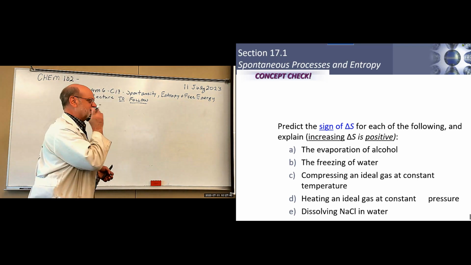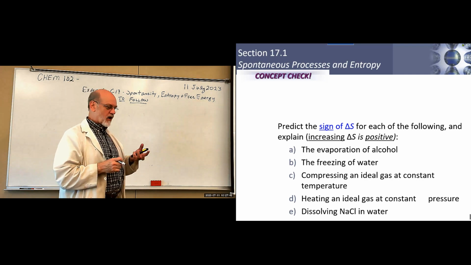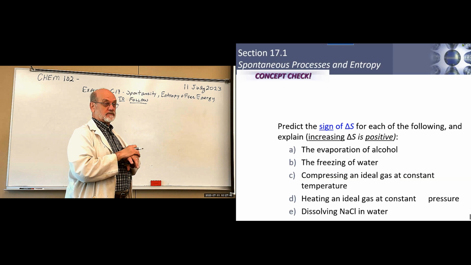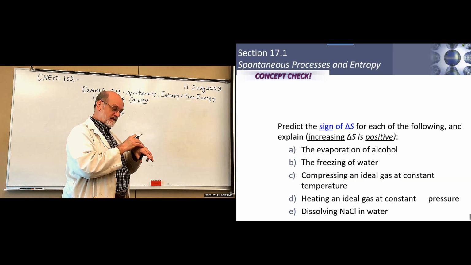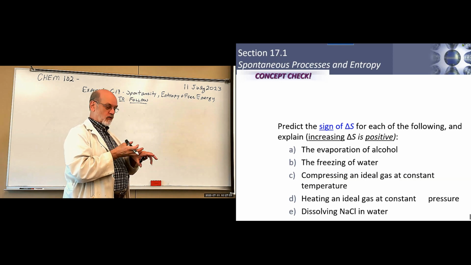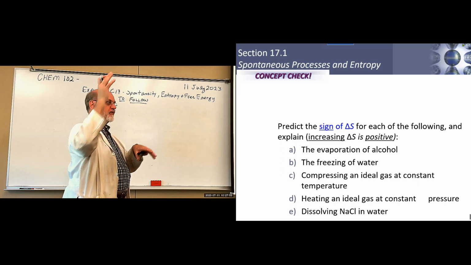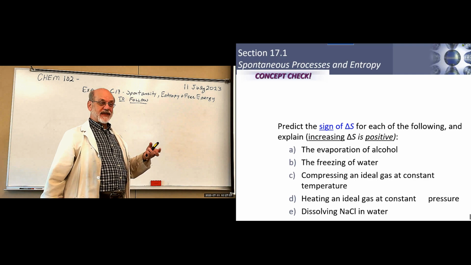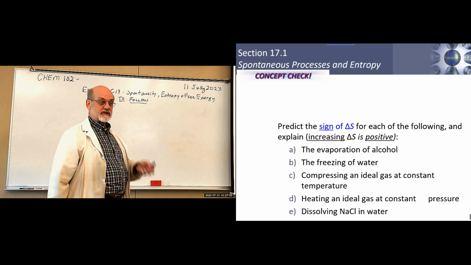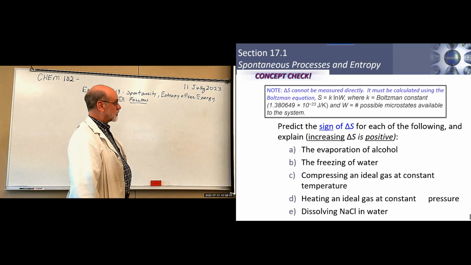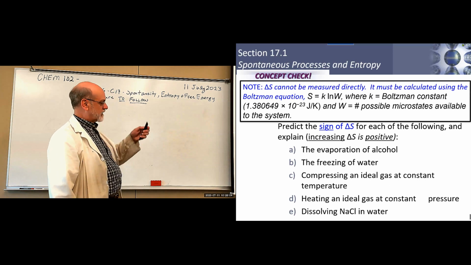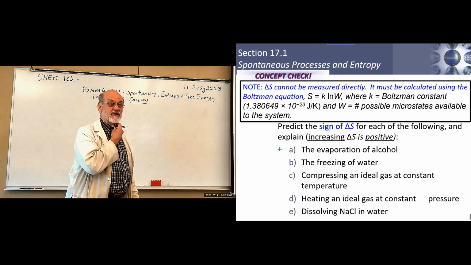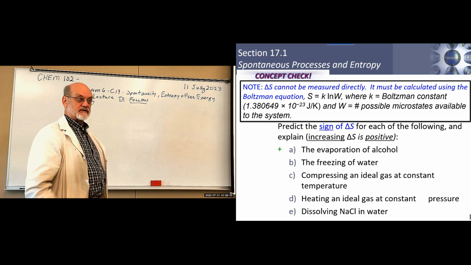Evaporation of alcohol. If you put alcohol on your skin and it gets cool, it evaporates as it absorbs heat from your hand. So what's the change in entropy for the alcohol? Should be positive, right? It increases the number of microstates possible, going from a liquid to a gas.